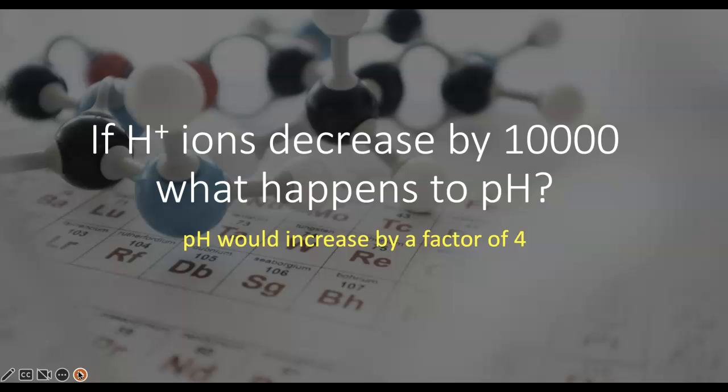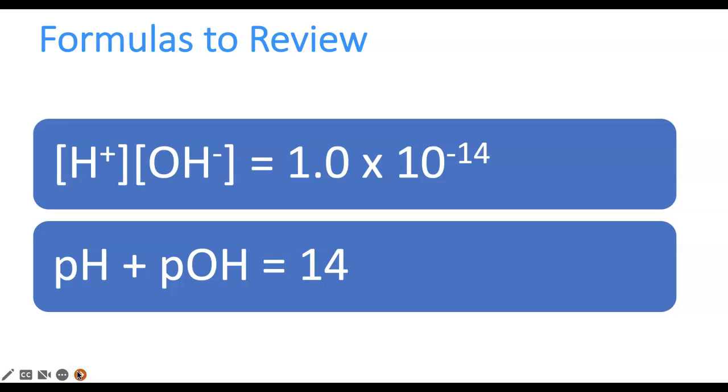Since our hydrogen ions are decreasing, our pH is increasing. It's becoming more basic or neutral, depending how acidic it was to start with. And remember, this happens because pH is a logarithmic scale, so every factor of 10 increase of hydrogen ions affects pH by 1.